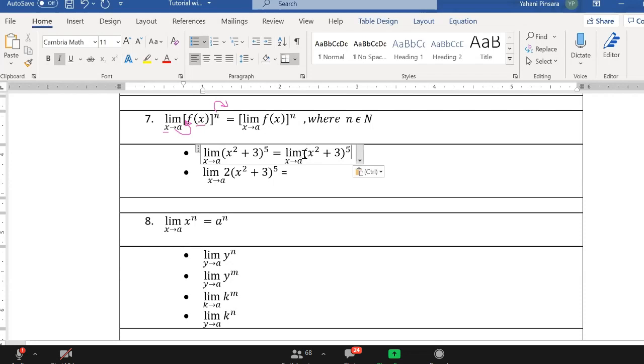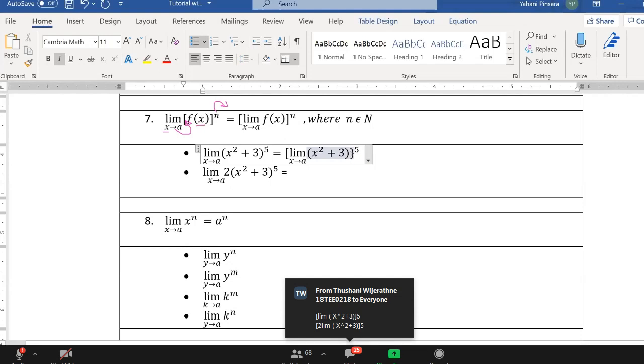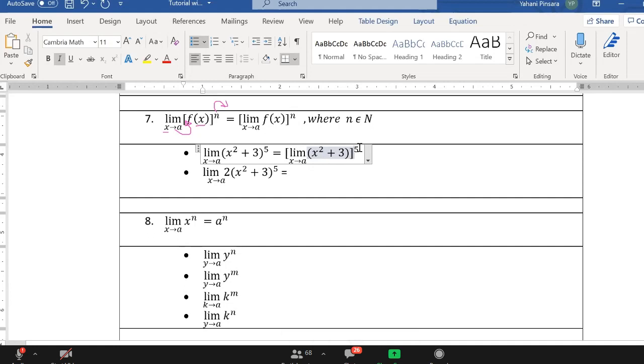What you have to do is take this limit inside, right? We have taken the limit inside and 5 outside.